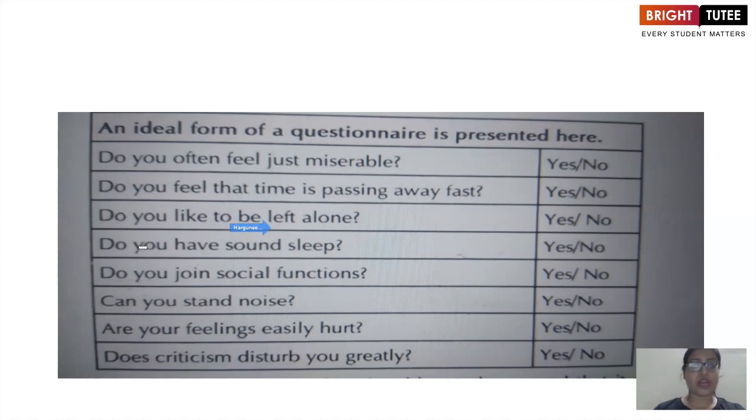Again, yes, no. Do you have sound sleep? Next item is, do you join social functions? Next item, can you stand noise? Are your feelings easily hurt? Yes, no. Does criticism disturb you greatly? Again, yes or no. So the subject is expected to either tick yes or no.